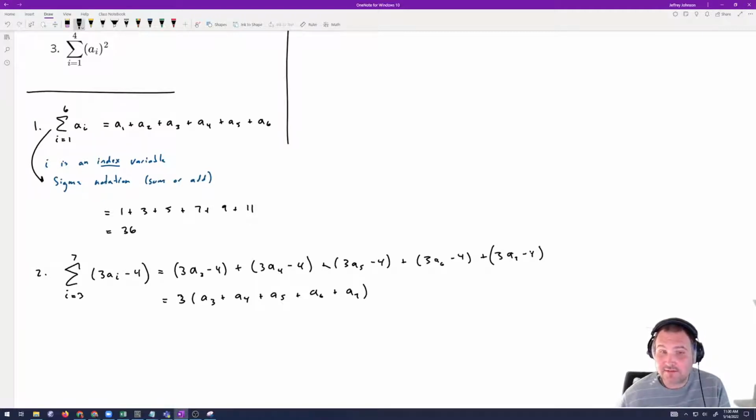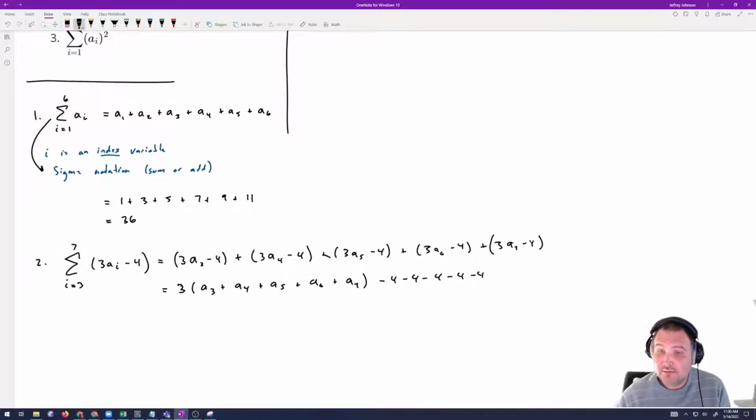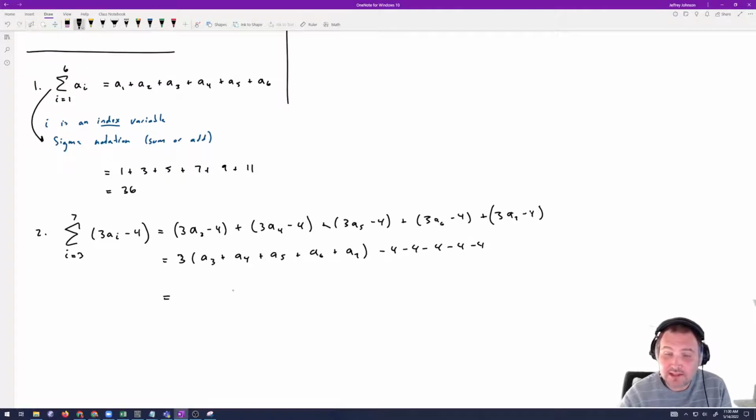In this case, we have it 5 times: minus 4, minus 4, minus 4, minus 4, minus 4. But this really is just 3 times the sum from 3 to 7 of a_i, minus 5 times 4. Or what we could write is plus 5 times negative 4, because there are 5 negative 4s.